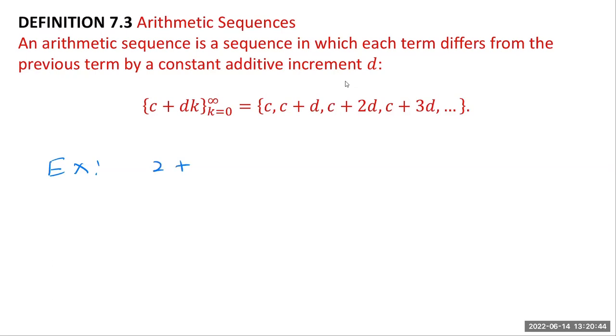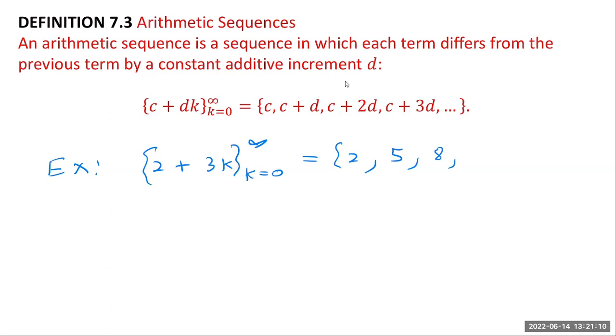2 plus 3 times k. Let's say k goes from 0 to infinity. What are the terms there? The first term is, if you plug in k is equal to 0, it's going to be 2. And then if you plug in k is equal to 1, 3 times 1 plus 2, which is 5. And then 8, if you plug in k is equal to 2, you get 8.